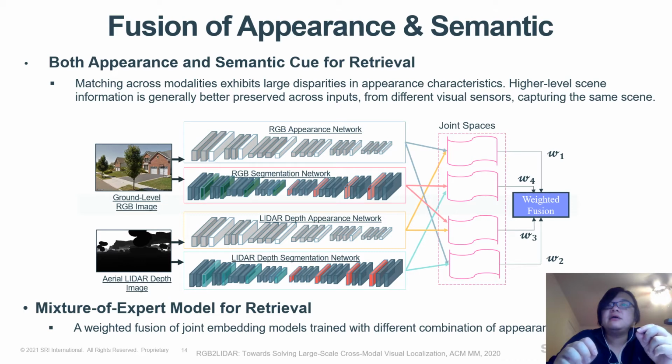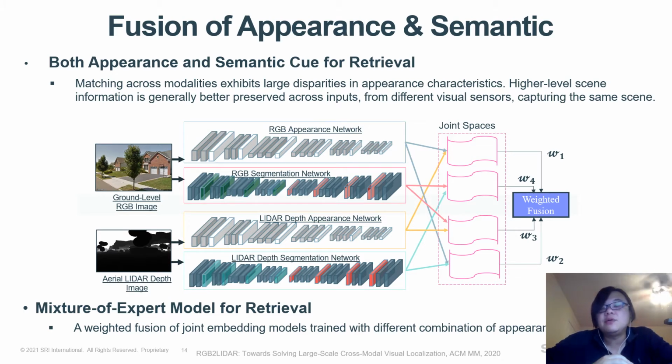Then we pair different combinations to project into the embedding space. Then we fuse them together to generate the final results. So this kind of mixture of experts approach works very well for the database retrieval task.